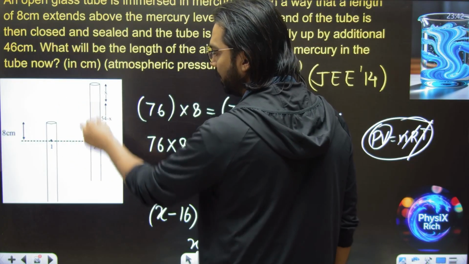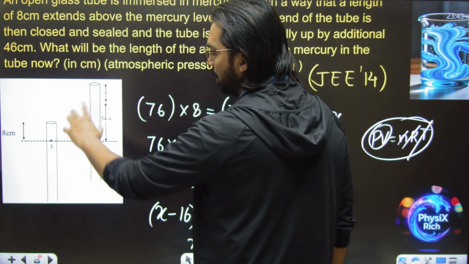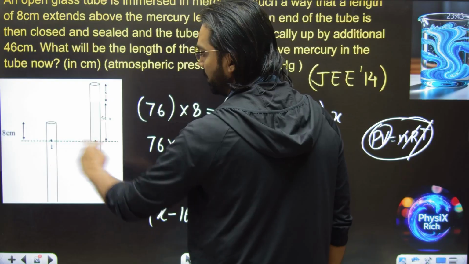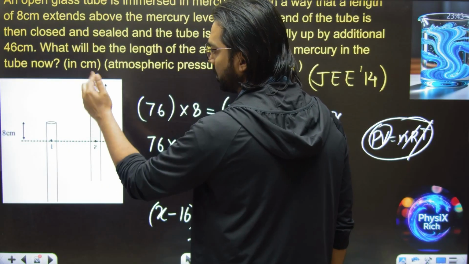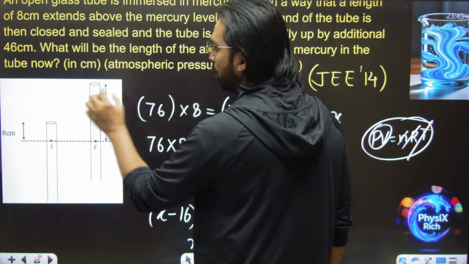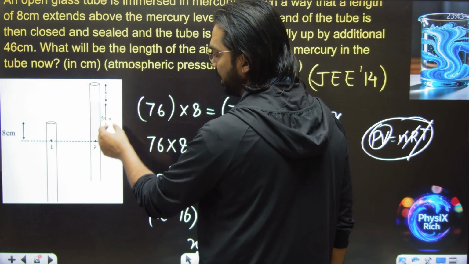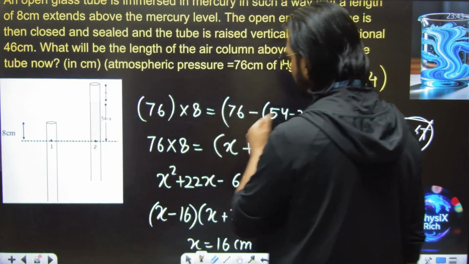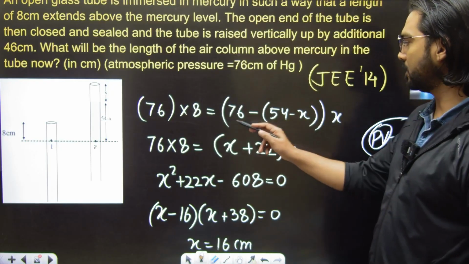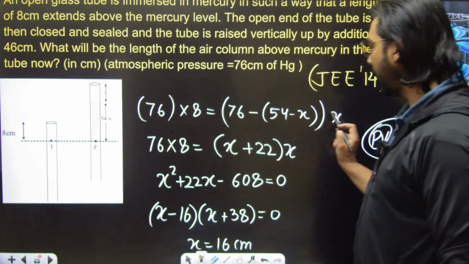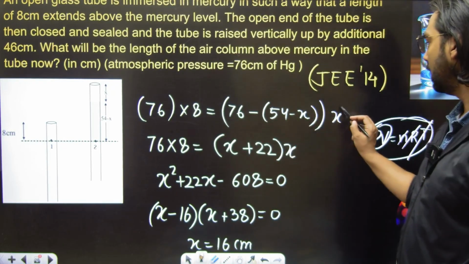And what is this 54 minus X? This is due to mercury. All right. So at this level, the pressure should be the same. So whatever this pressure is, P plus (54 minus X), I mean pressure in centimeters, plus (54 minus X) should be equal to 76. And that's what I've used over here. That pressure becomes 76 minus (54 minus X). And then I multiply it with the height.